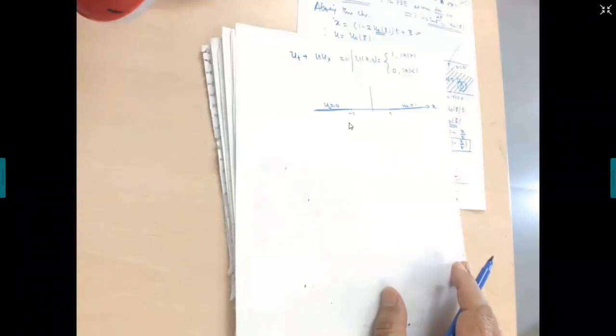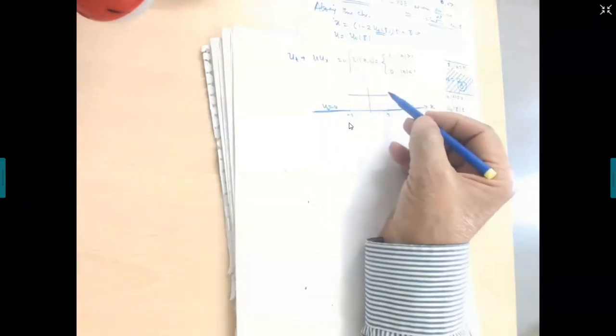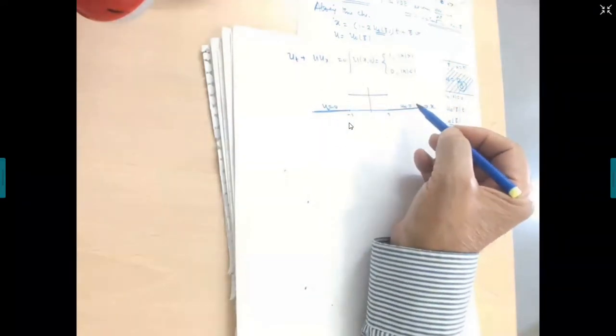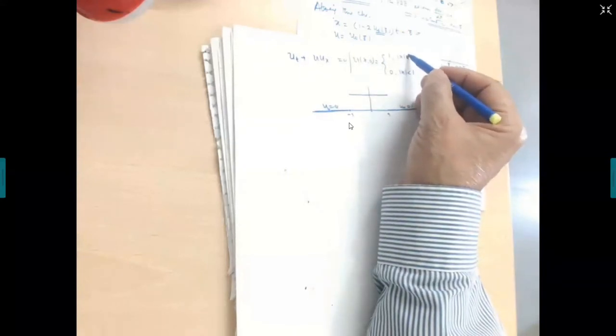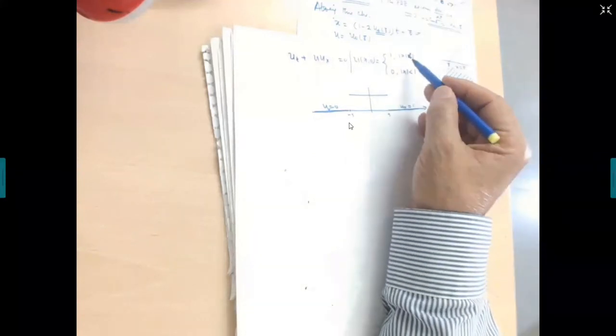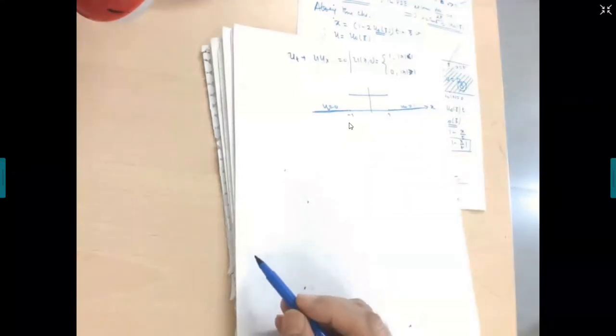No, sir, it is 0 outside. Please change it, I'm sorry, I should have written it like this: when x is less than 1, it is 1. When x is greater than 1, it is 0. Please change. Okay, sir.